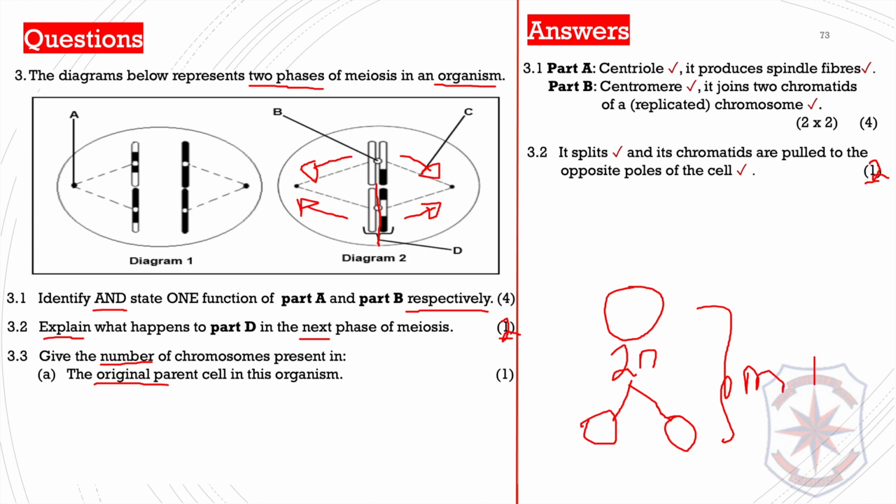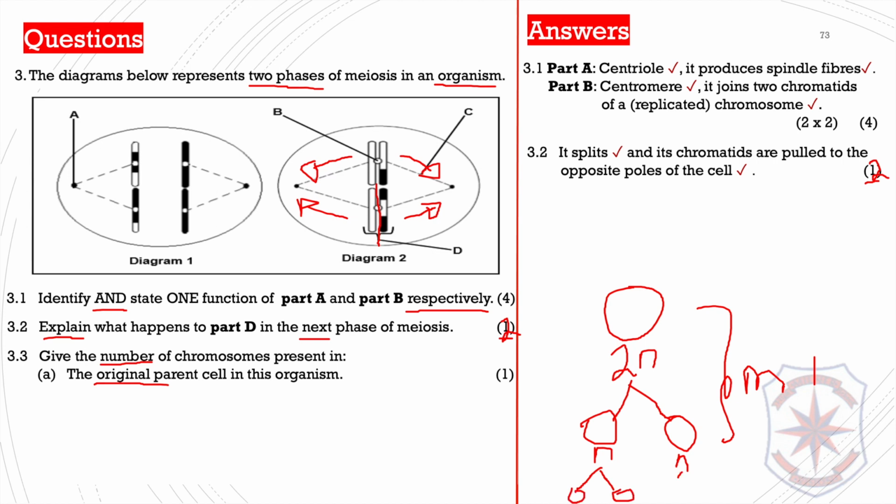And during meiosis 2, these daughter cells are now haploid. They contain half the number of chromosomes. All right? Now, these daughter cells will divide each to produce 2 daughter cells.